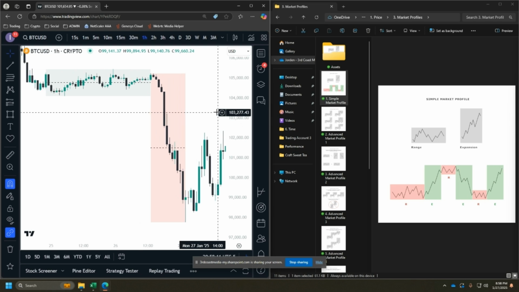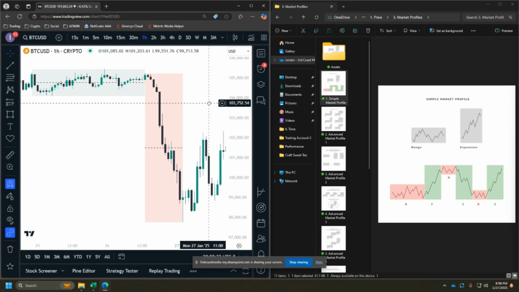Those are the two basic things price can do, or three. It could go sideways, it could go upward, or it could go down. That's the basis of market profiles, and it comes from a simple logical framework.